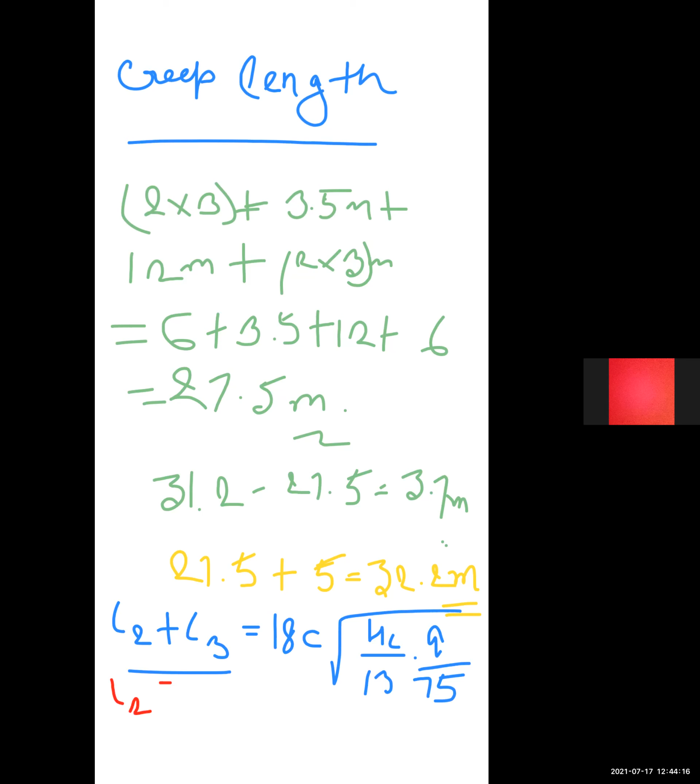So L2 equal to 11.8 meter and L3 equal to 19.8 meter, that is approximately 20.